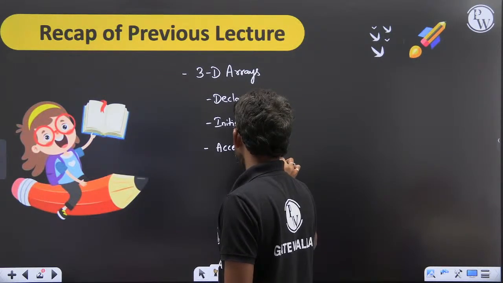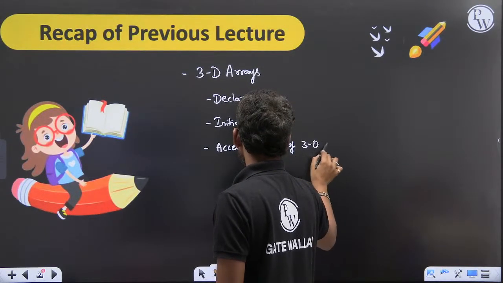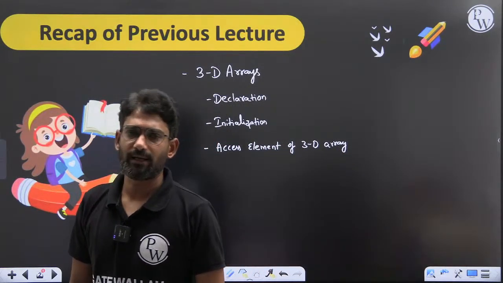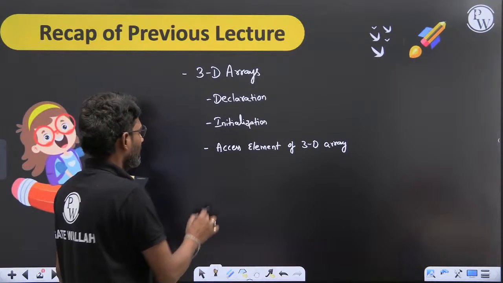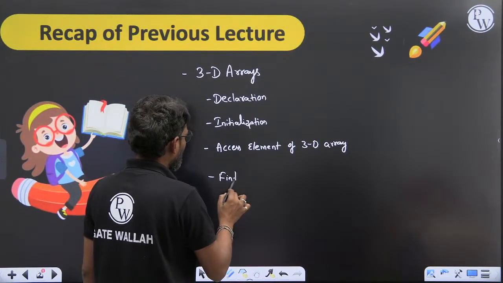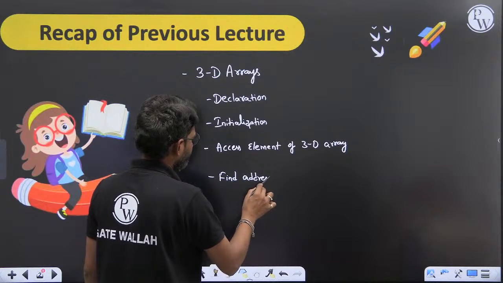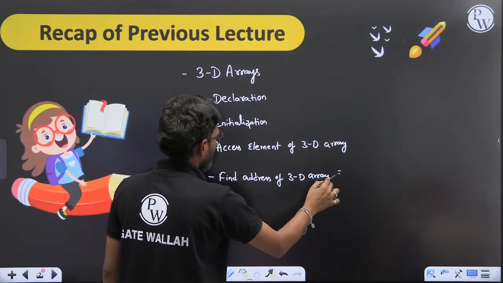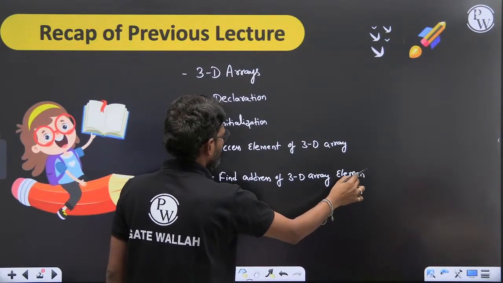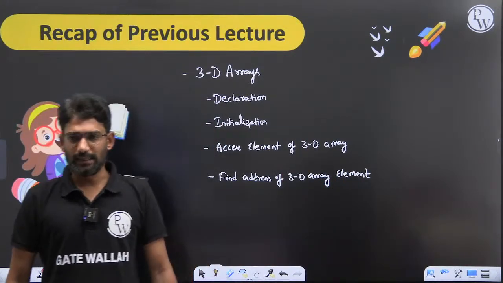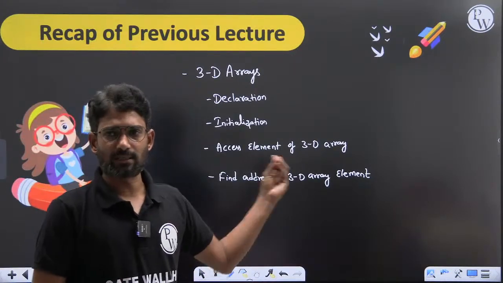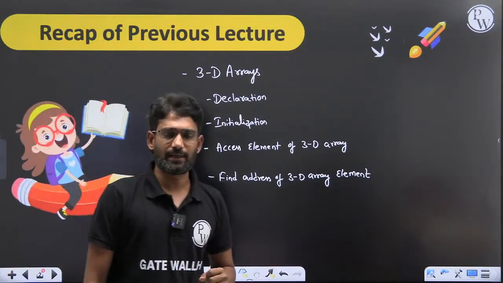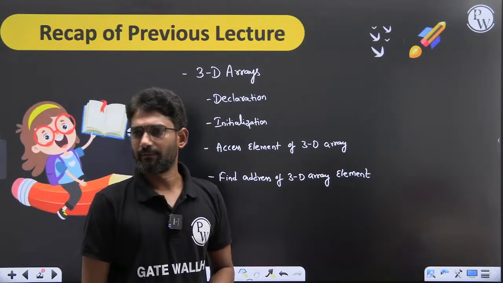That means how the actual indexing happens in a 3-dimensional array, and then how to find the address of a 3D array element. This also we have discussed, right? I believe whoever has gone through the last lecture, all the concepts about 3D arrays are clear for everybody.